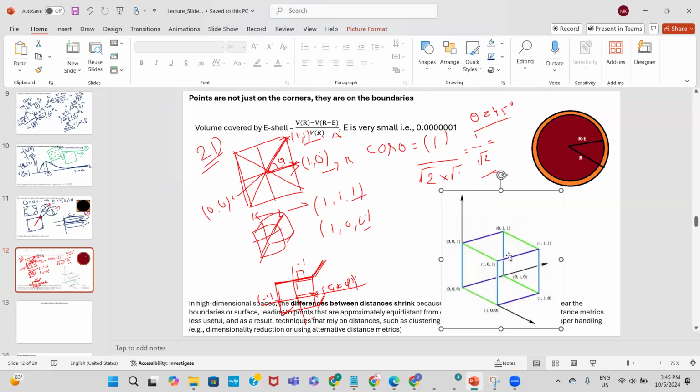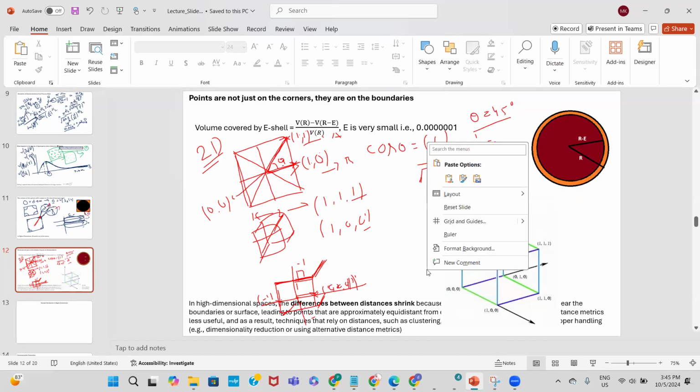Now, what is the diagonal element here? (1, 1) is something which is there. And now we know the angle between these two is 90 degrees, right?